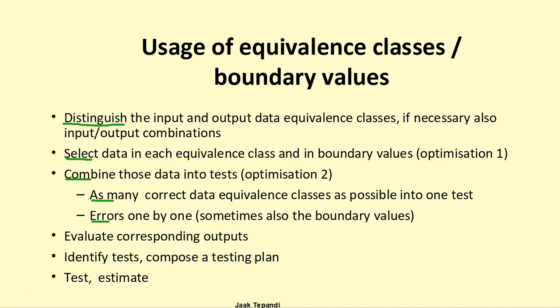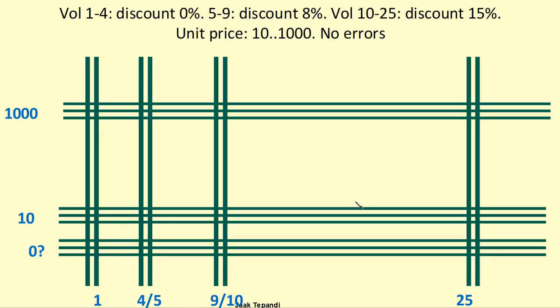So errors are collected in the tests just by one. Then we evaluate corresponding outputs based on the specification again, identify tests, compose a testing plan, test, and estimate. So this is the process of black box testing with equivalence classes and boundary values.